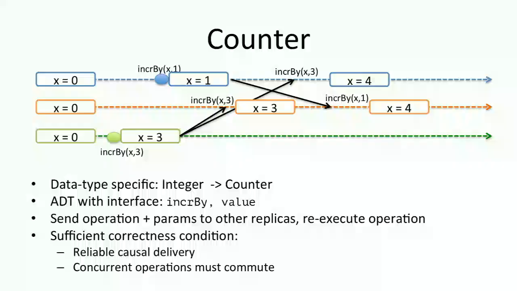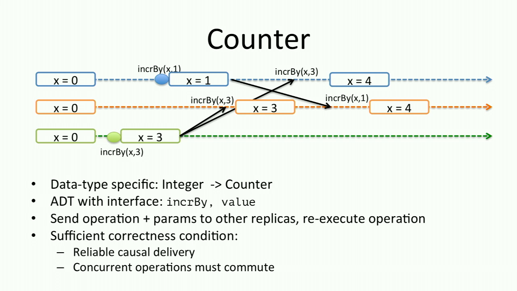Now, if we look at the data semantics, we can actually be more clever. If I know, for example, that this integer that I was talking about is in essence a counter where I'm starting to count things, I can be more clever. Instead of saying the new value is 1, what I could say here is I want to just increment the value by 1. And instead of sending the new value over, I'm just going to send the operation over.